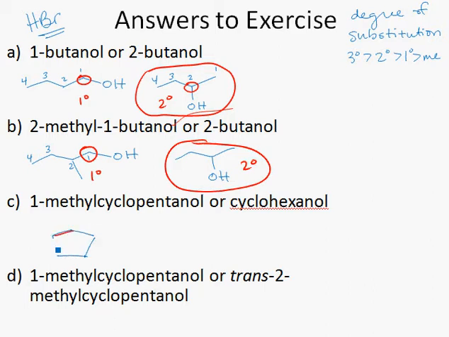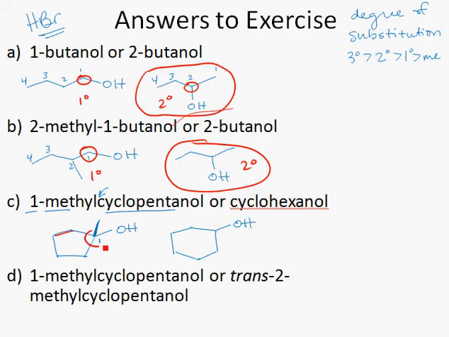In letter C, we're going to draw a cyclic alcohol. So we're going to start with our cyclopentane ring. If it doesn't say a number here, assume that the alcohol is attached at carbon 1. There's a methyl also attached at carbon 1, so we have a methyl coming off of here as well. Cyclohexanol is just a 6-membered ring with an alcohol group attached to the ring.